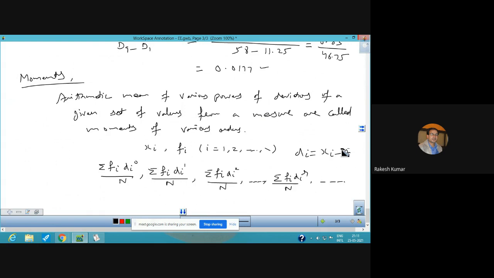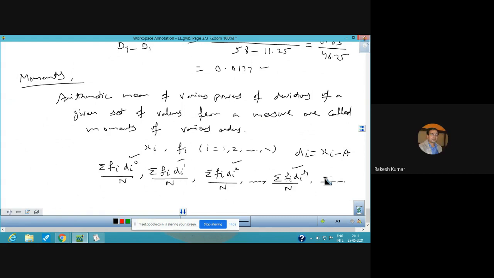A is any measure; we can say that is the assumed mean. So these are the moment of zero order, the moment of one order, the moment of two order, and this is the moment of rth order, and so on.